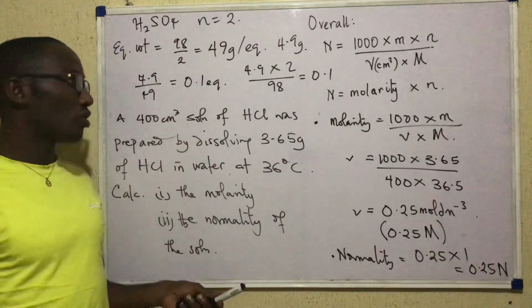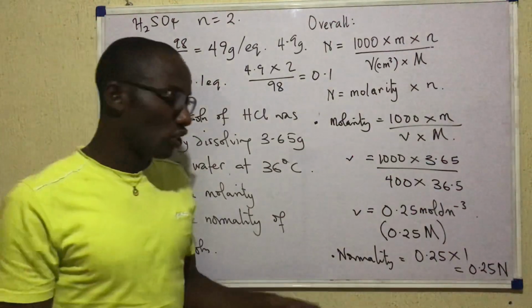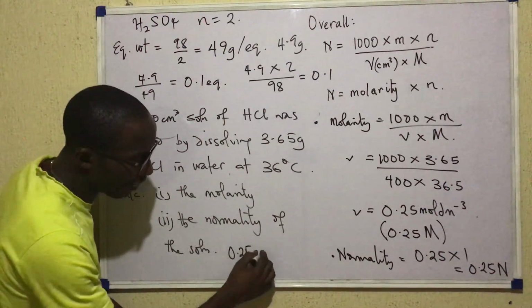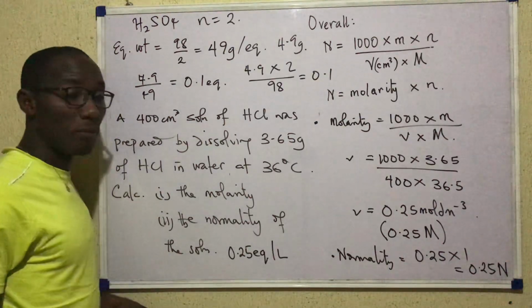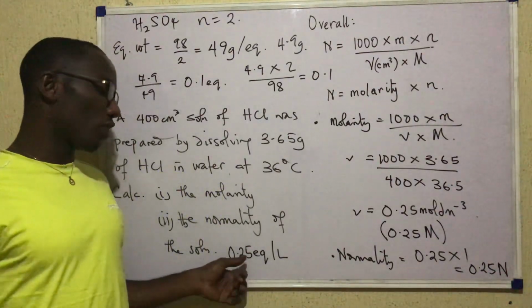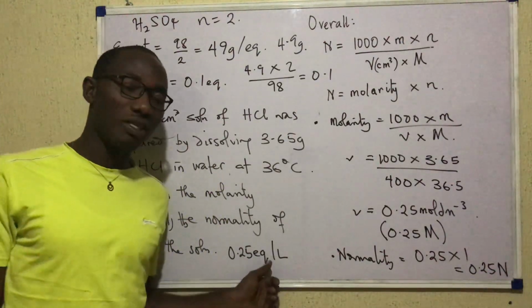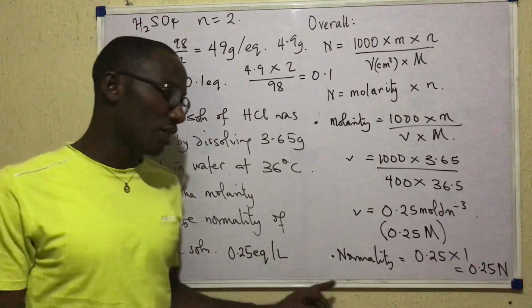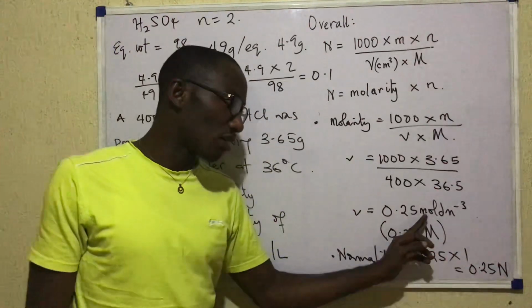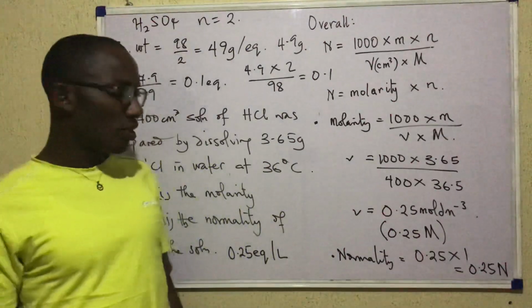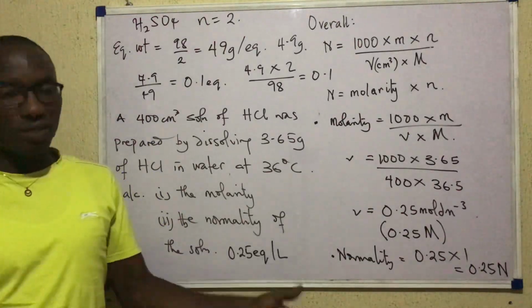If you don't want to write it as normal, your answer could also be written as 0.25 equivalents per liter. Remember, that was the definition we gave to normality. We said it is the number of equivalents of a solute present in 1 liter of solution. So equivalents per liter is the same as normal, just as mole per liter is the same as molar. So in this case, interestingly, the molarity is the normality.